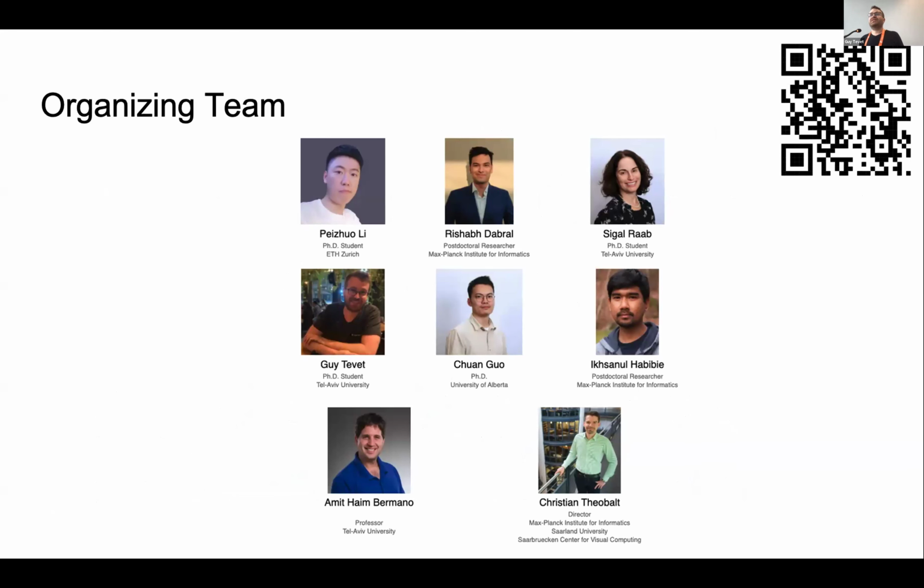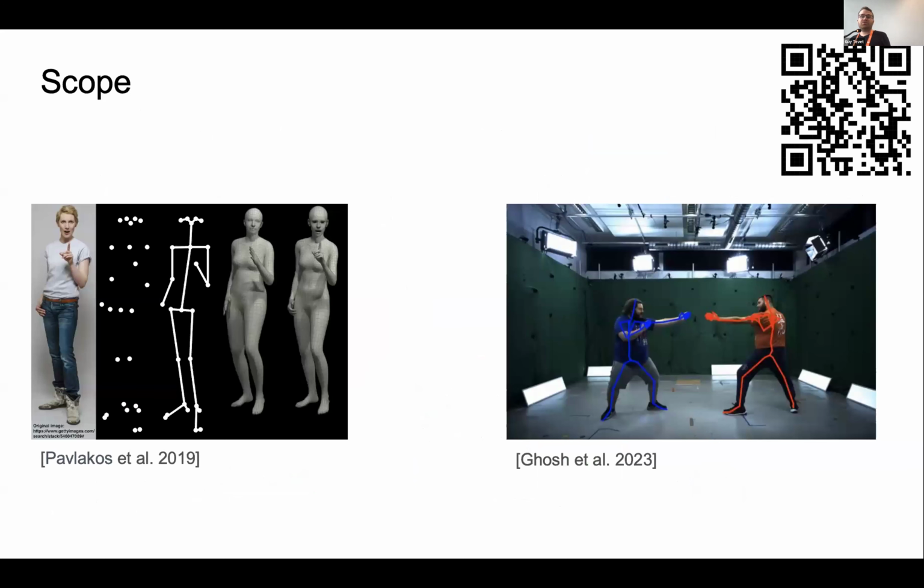So this workshop is a joint work with those wonderful people from the Max Planck Institute for Informatics, the University of Alberta, and Tel Aviv University. In this workshop, we are interested in anything regarding motion synthesis and character animation.